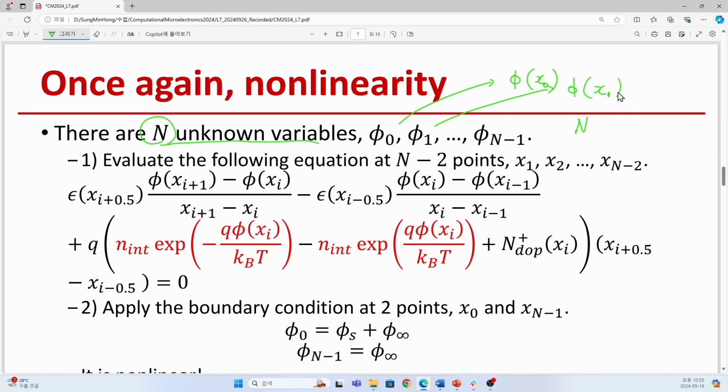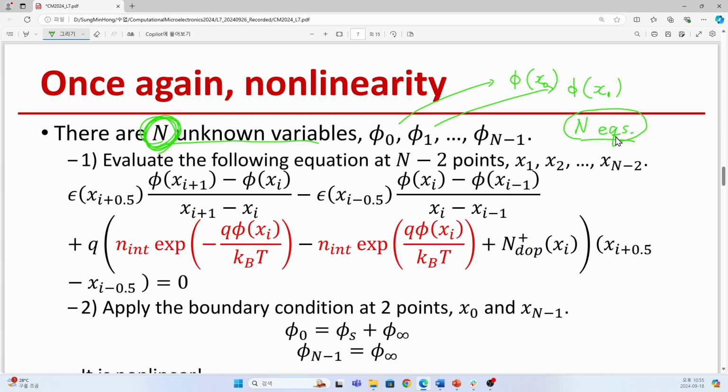All of those n unknown variables are there, and in order to find their values, we also need n independent equations.